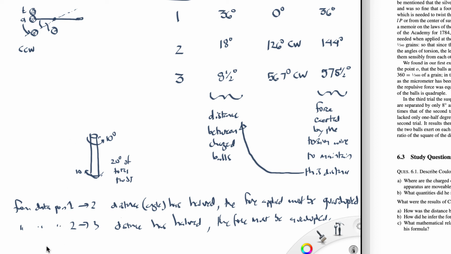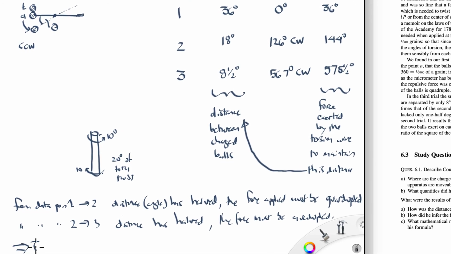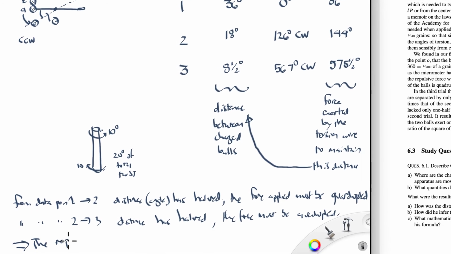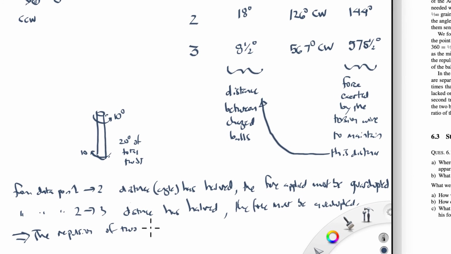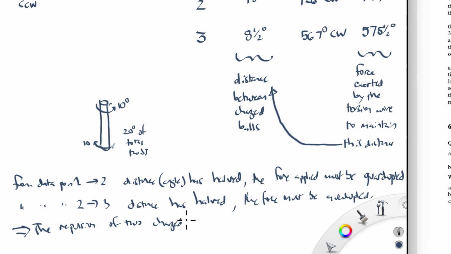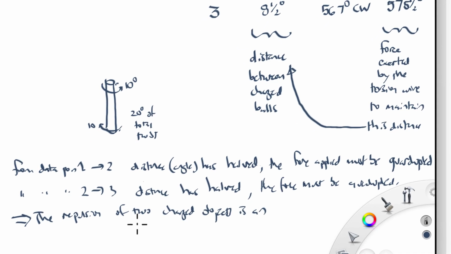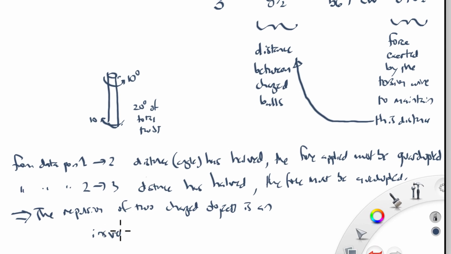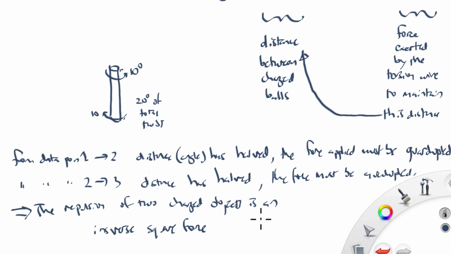Where does Coulomb go with this? He says that this is precisely what we'd expect from an inverse square force. So this implies that the repulsion of two charged objects is an inverse square force. What do we mean by this?